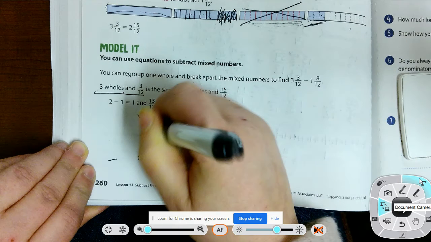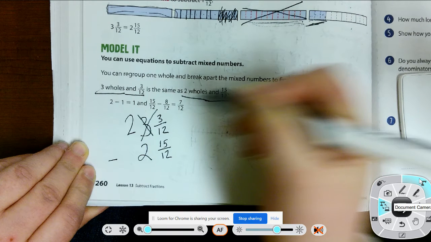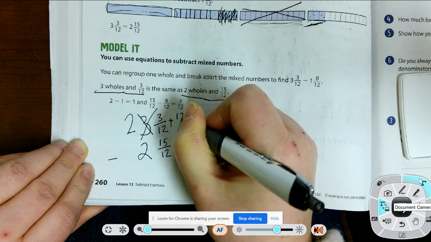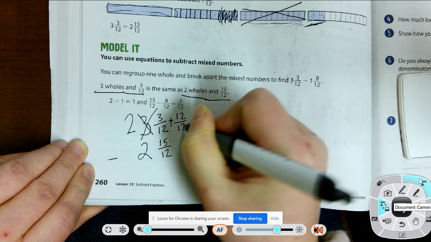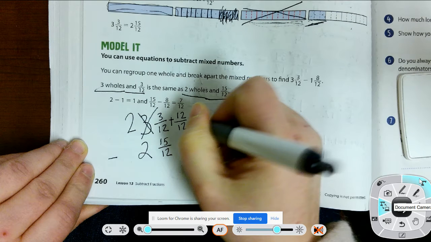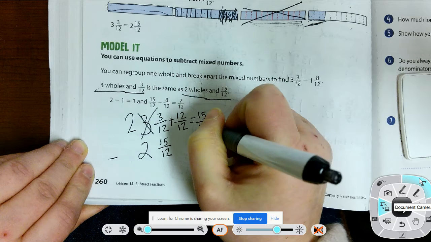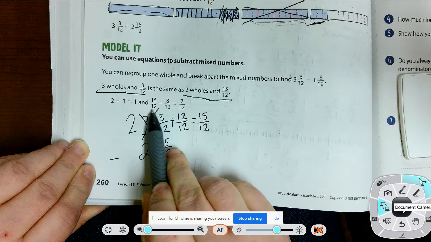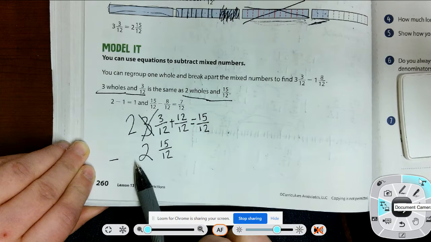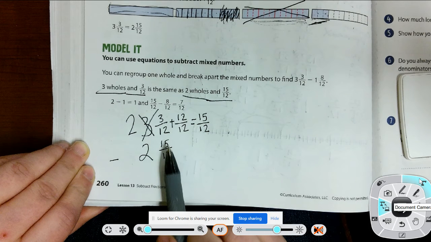So you turn that into a 2, because we're borrowing it, and we're adding a whole number over on this side. So because it's in twelfths, we add 12 over 12 because that's my whole number, and I get 15 over 12. That's why they have this 15 over 12 here. So now I have 2 and 15 twelfths.